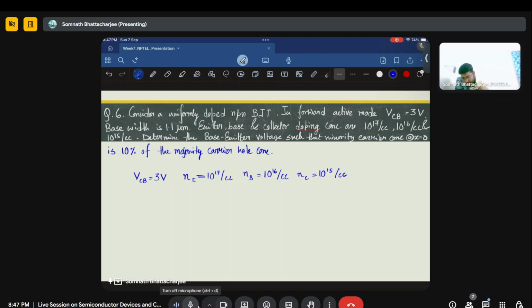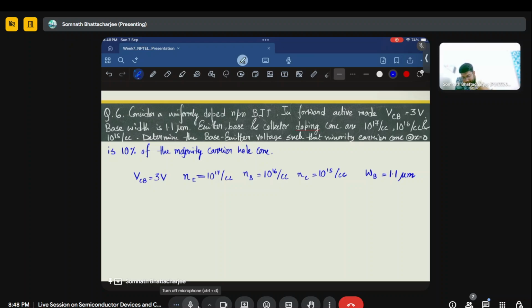And they have given the base width as 1.1 microns.